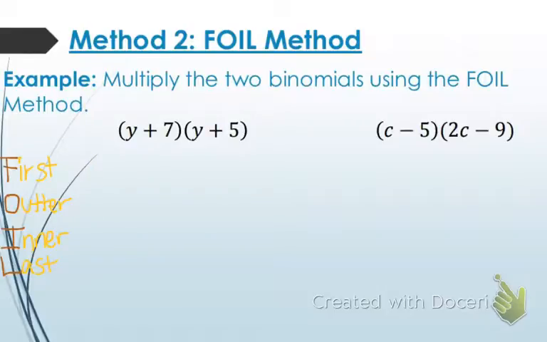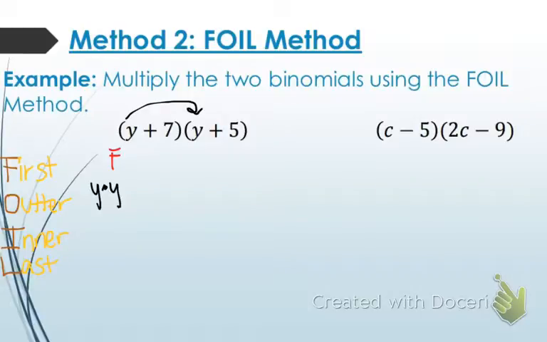Okay, so the F in FOIL stands for first. This means you're going to multiply the first term of the first binomial times the first term of the second binomial. Okay, so here we have F. So that is y times y.